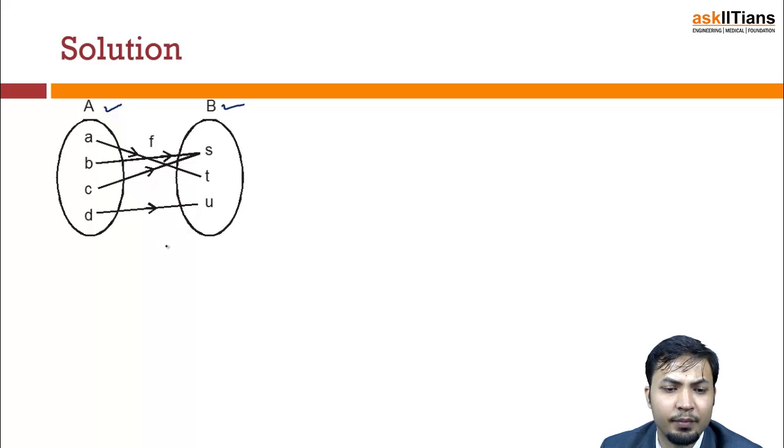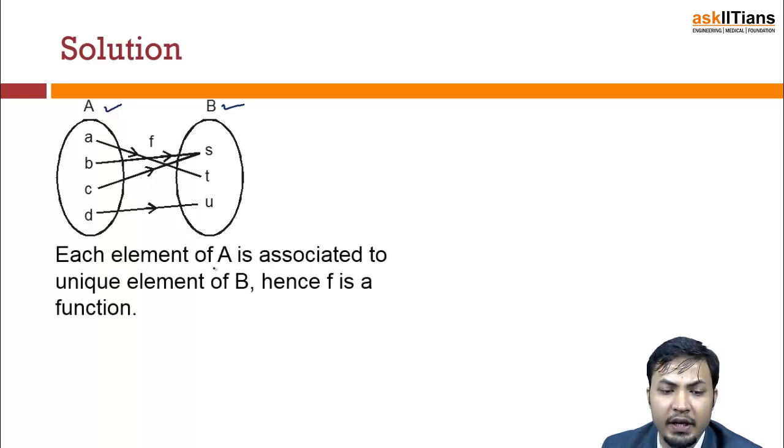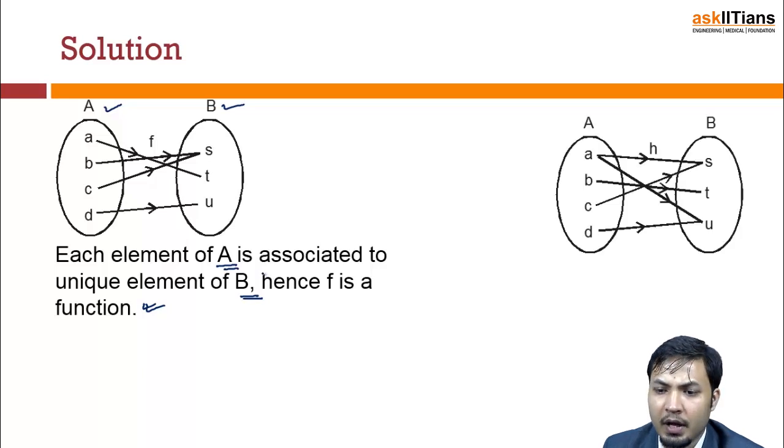Now, what does this give me? Each element of A is associated to a unique element of B. Hence, f is a function. So I have got that option. Now, from these two, it can be either option 1 or 2. Let's explore the other options.